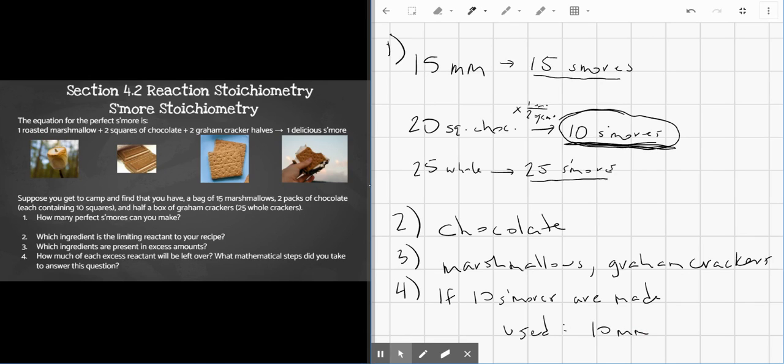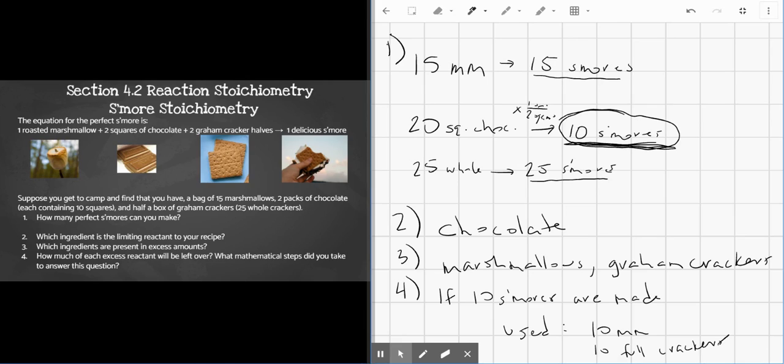And I need 2 halves of graham cracker per s'more, so that would be 20 halves. Let's go back. We are using 10 full crackers. Let's keep it as the full cracker, 10 full crackers, because that's what we were given, how many full crackers we have.